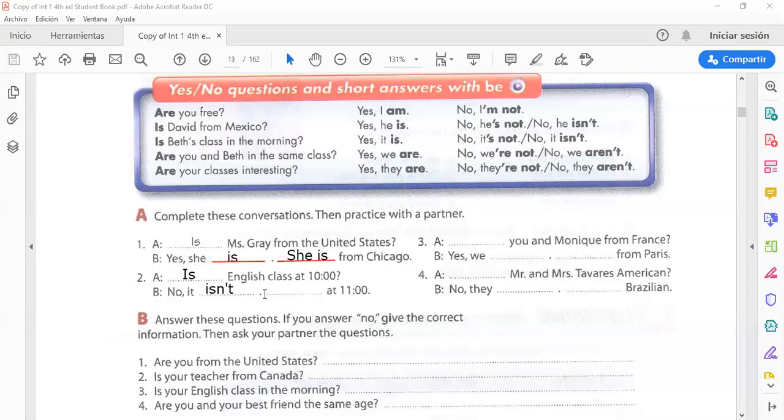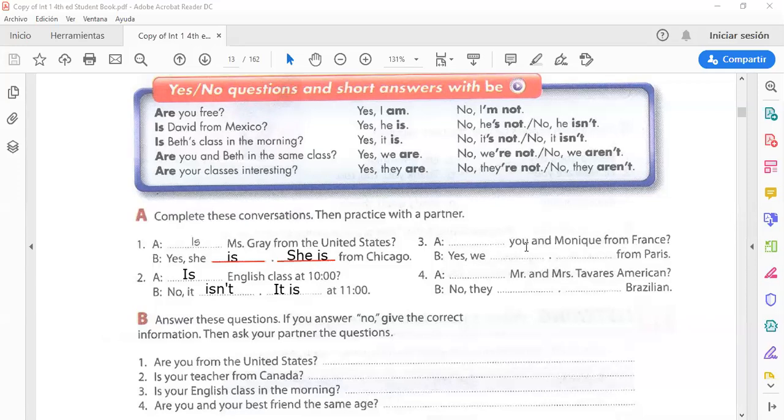At 11. It is at 11 or it's at 11. Okay? What is it? Again, the English class. You cannot say it if you have English class there because it's the same. Next one.